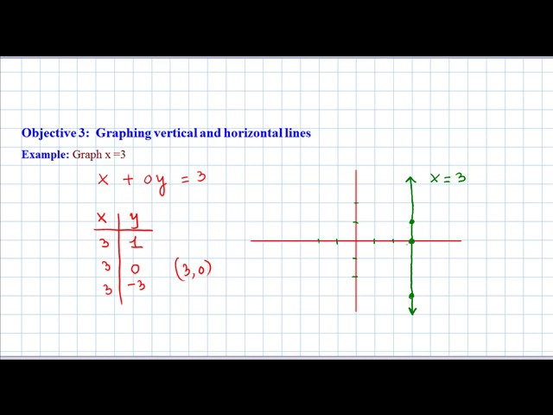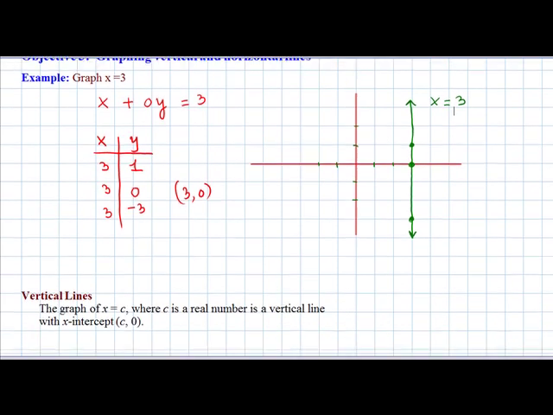Okay? So in general, every time you have a vertical line, which is the graph of x equals c, where c stands for a real number, then you have a vertical line with the x-intercept (c, 0).